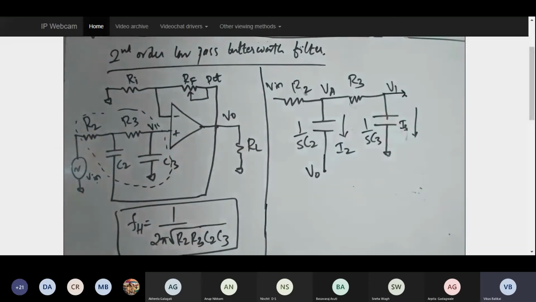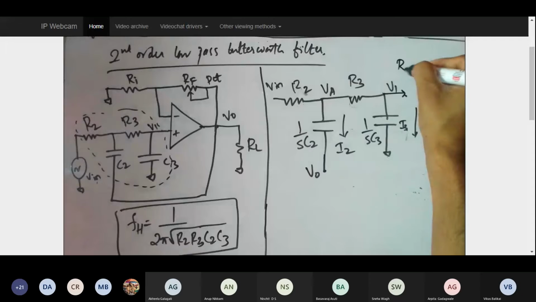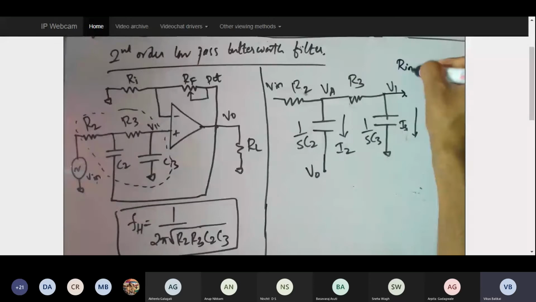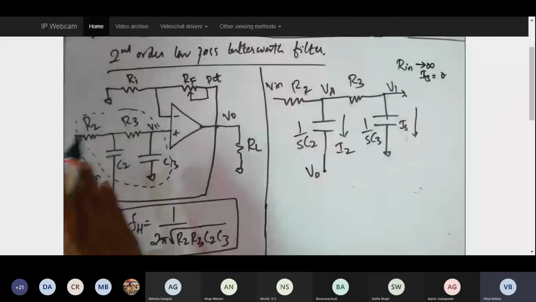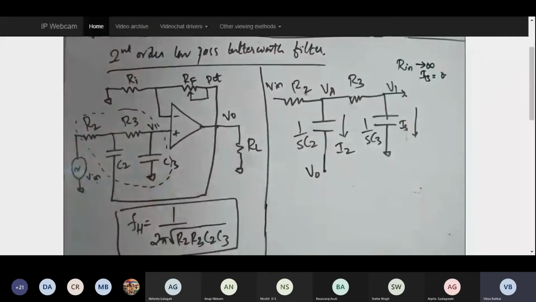Because the input resistance is almost infinite, and base bias current is almost equal to 0, no current is going to enter, so there will be no impact of input bias currents and input offset voltages, so I'm straight away ignoring them.